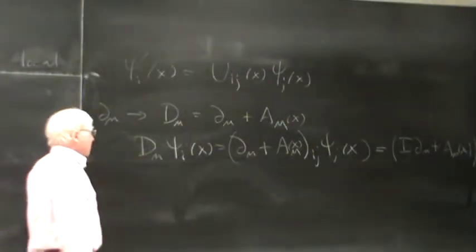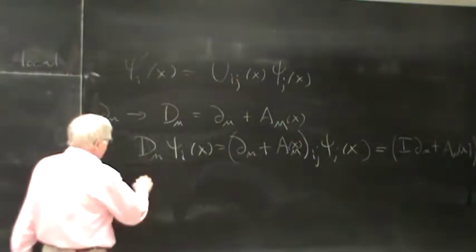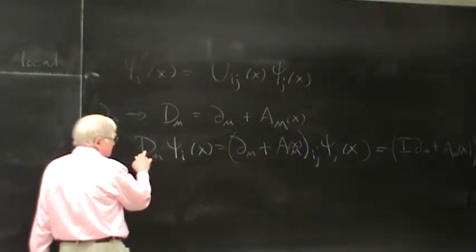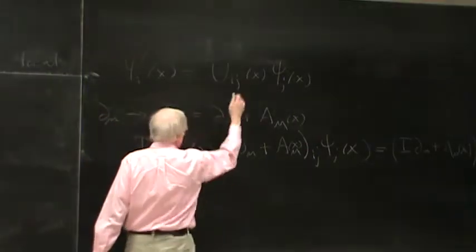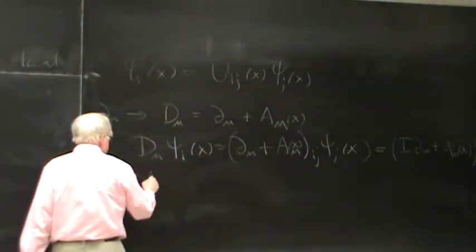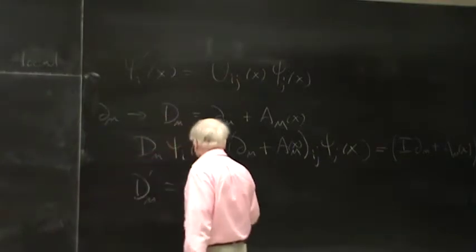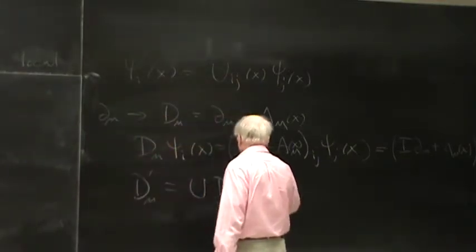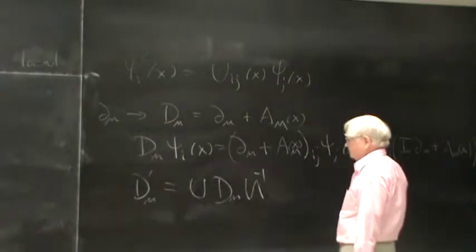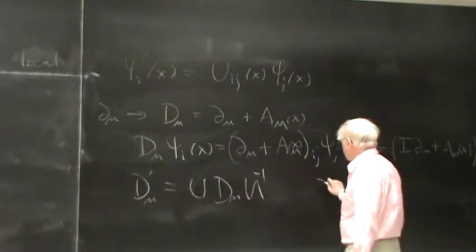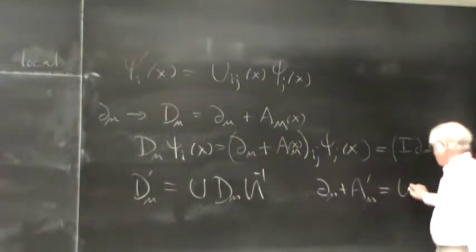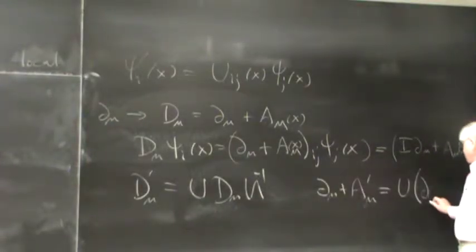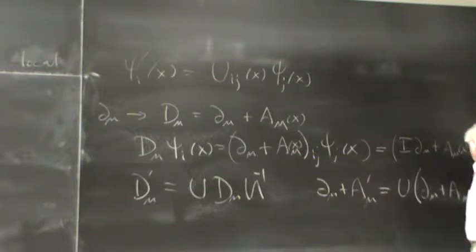All right. Now, how do we make this work? Well, we make this work by having D mu transform in such a way that it absorbs the U that psi gets. So in other words, we want D prime mu to be U D mu U inverse, or U adjoint. And that means that we have d mu plus A mu prime equal to U d mu plus A mu U inverse.